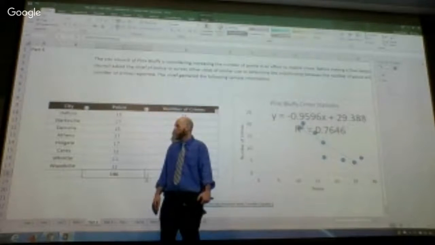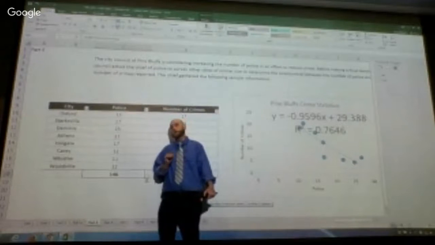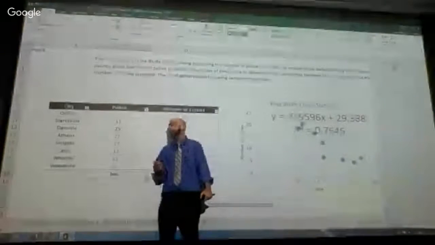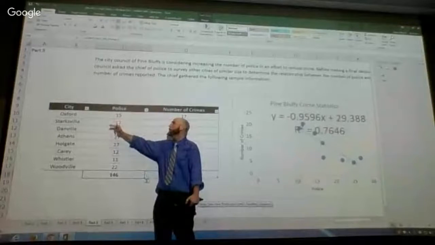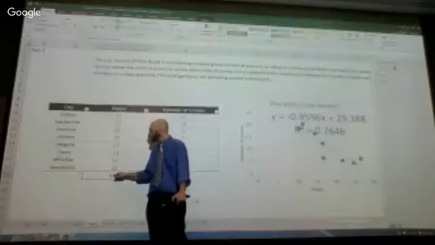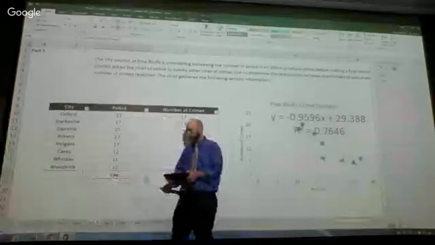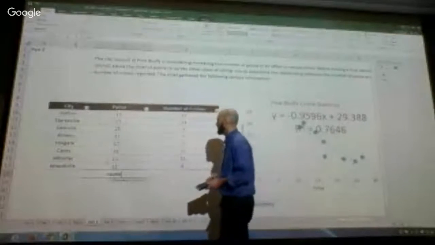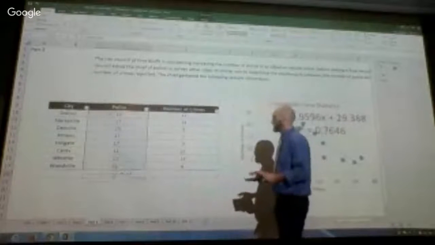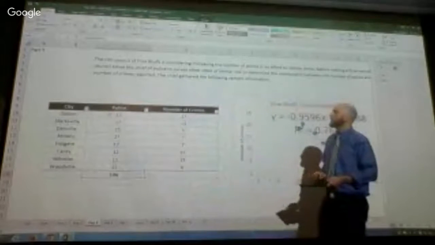But how it differs from those functions that just say sum or average is that if you hide a row in your table, the calculation will change. If this just said sum, and I said, give me the sum of the column, the sum is 146.